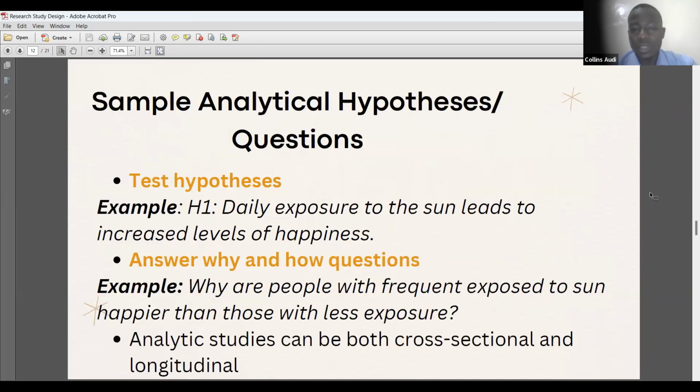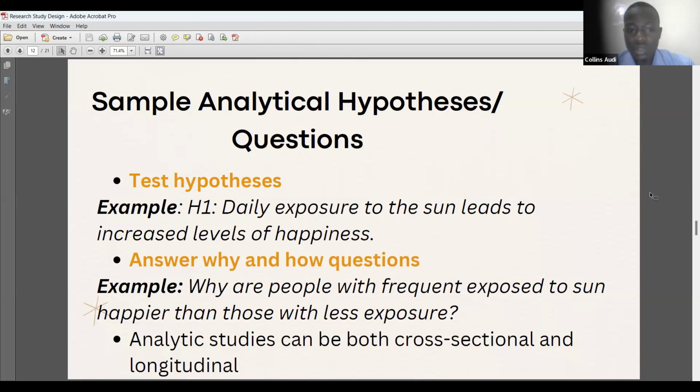Sample analytical hypotheses or questions. Test a hypothesis, for example, daily exposure to sun leads to increased level of happiness. Now we want to test this hypothesis. And a research question may be, why are people with, sorry, I think there is a mistake there.